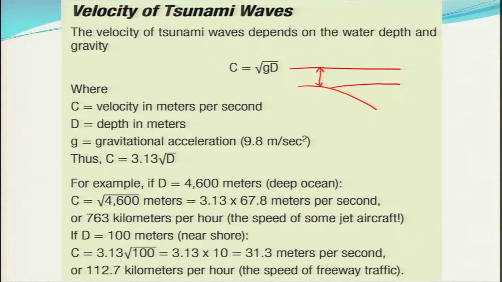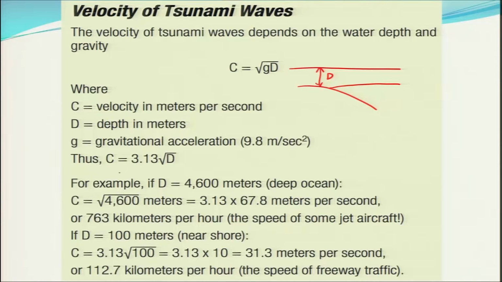If you are getting the earthquake in the deeper part, that is a displacement mainly, then you will have a different velocity. So if you know this, that is your d, you can calculate the velocity. So for example, what has been given here is the square root of g into d.